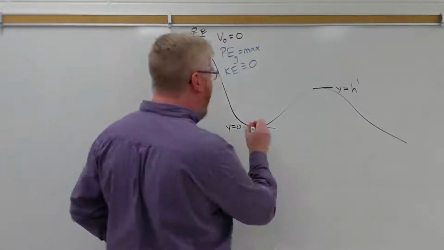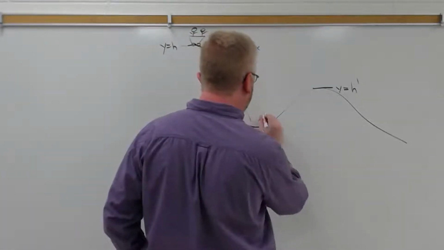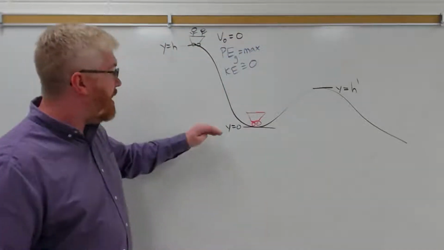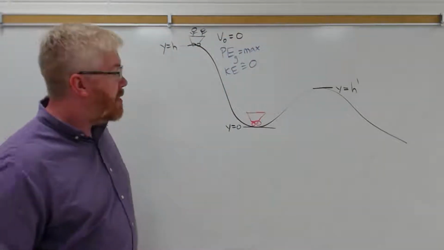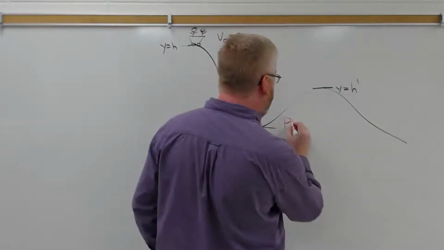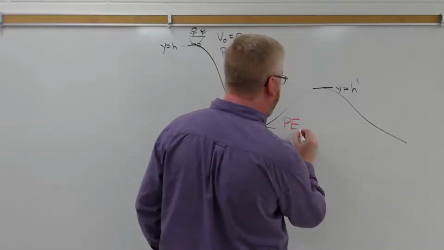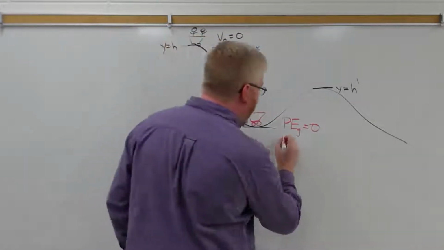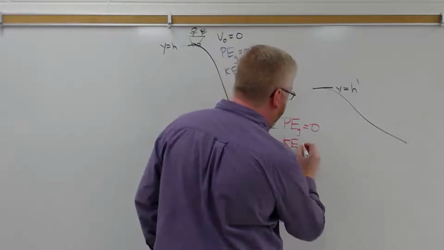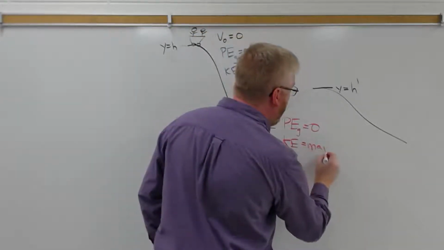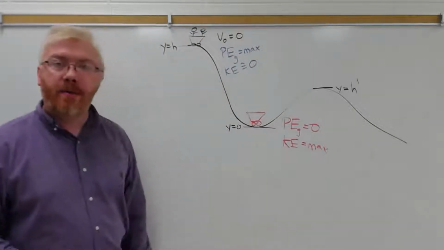When the car reaches the bottom, it's at its lowest point. Since I define that to be zero, its gravitational potential energy at that time is zero. Its kinetic energy, therefore, is equal to the original gravitational potential energy, which is at some maximum value.